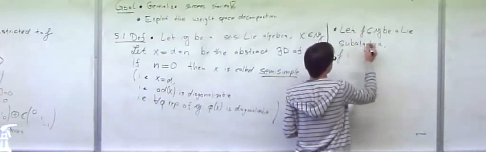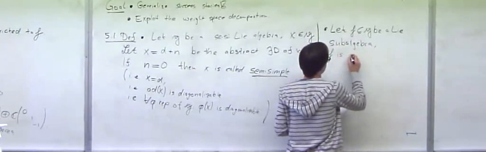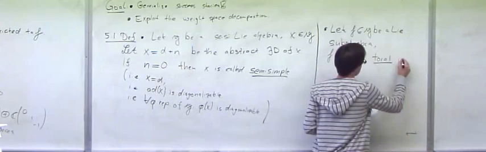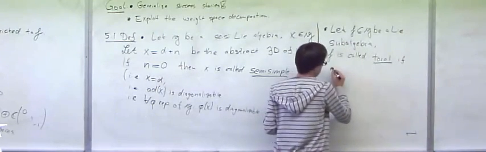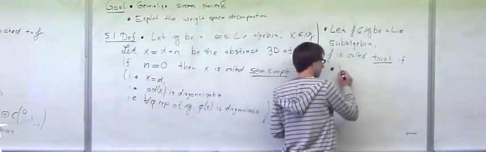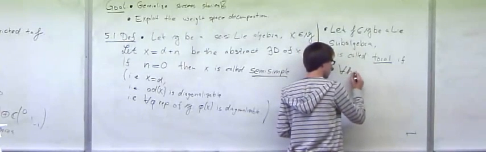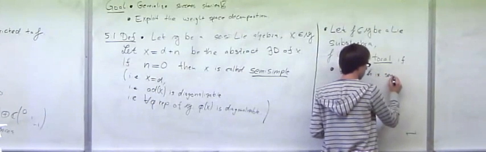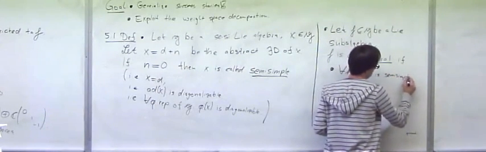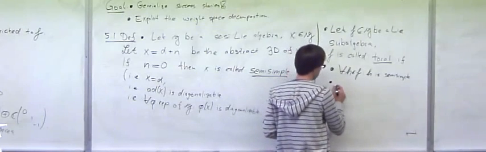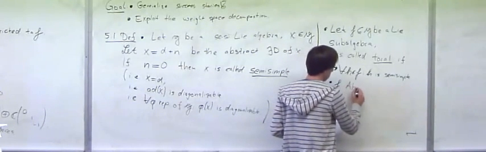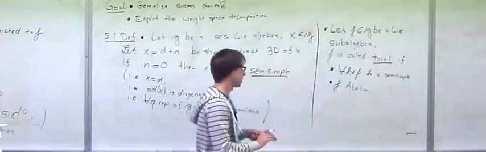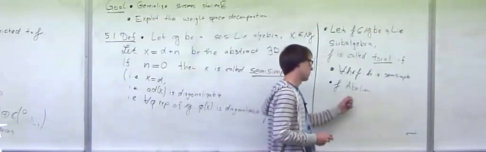H, a Lie subalgebra of the semi-simple Lie algebra g, is called toral if, and there are two conditions: any element of H is semi-simple, and the second, H is abelian. That means the commutator of any two elements of H vanishes.